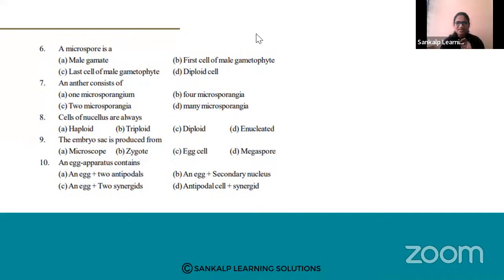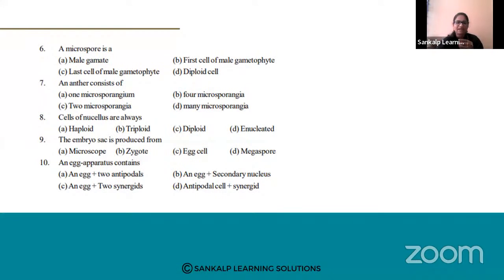A microspore is not a male gametophyte. Someone answered C, a good try. Microspore mother cell undergoes meiosis and we get microspores. That microspore is nothing but a pollen grain. That pollen grain will undergo gametogenesis and form the vegetative cell and generative cell.